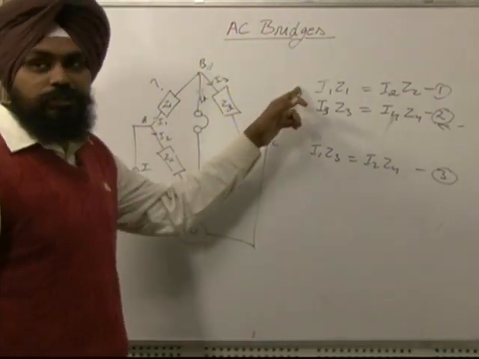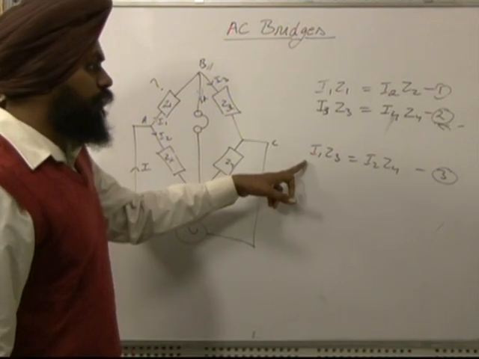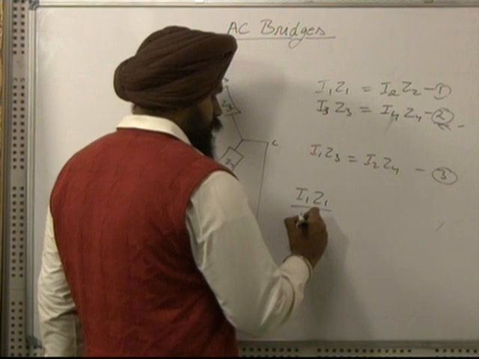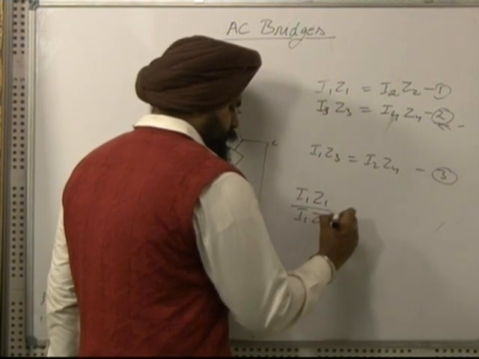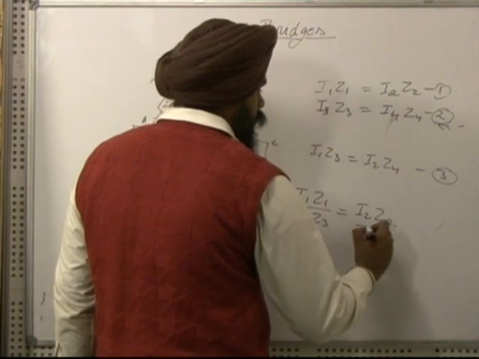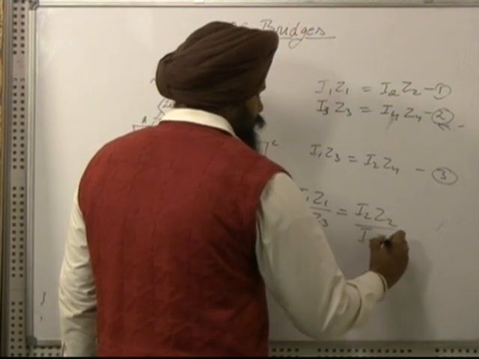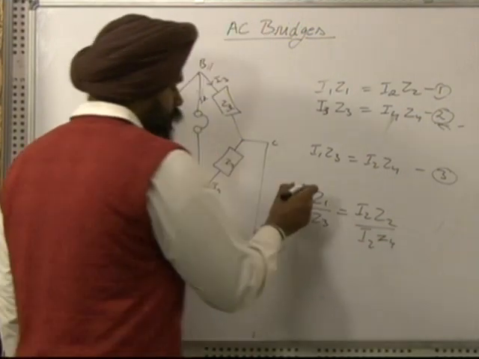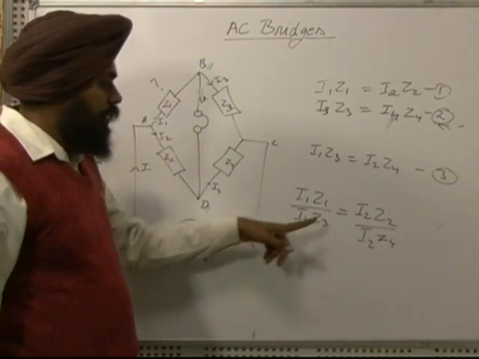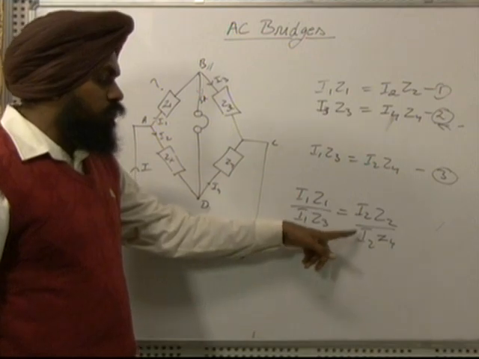If we divide equation number 1 by equation number 3, we have I1 in both numerator and denominator, and I2 in both numerator and denominator.